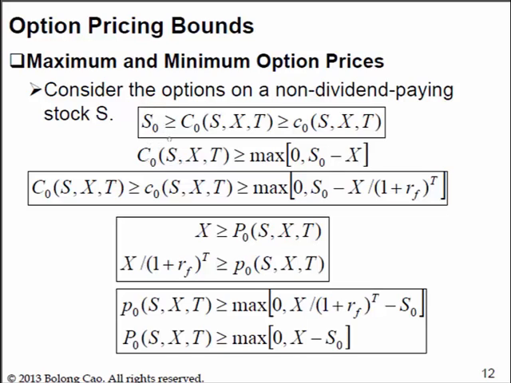That's easy. For the American call, right, it should be higher than either zero or the spot price minus the strike price, which is its intrinsic value, because call options have their time value, so their total value should be higher than its intrinsic value. That's easy to understand.